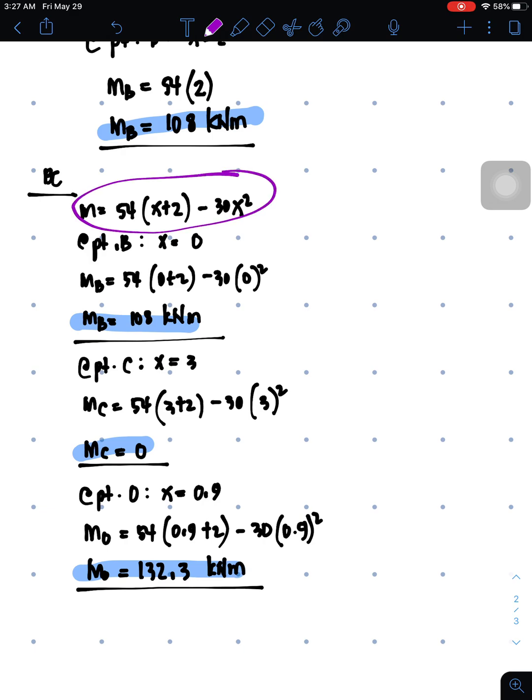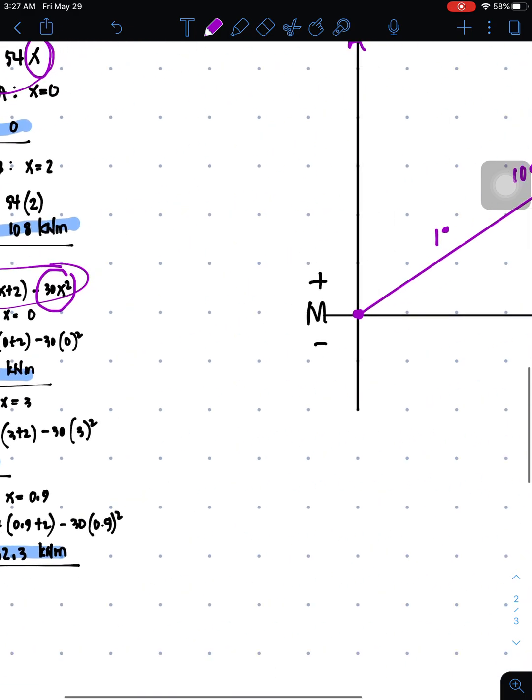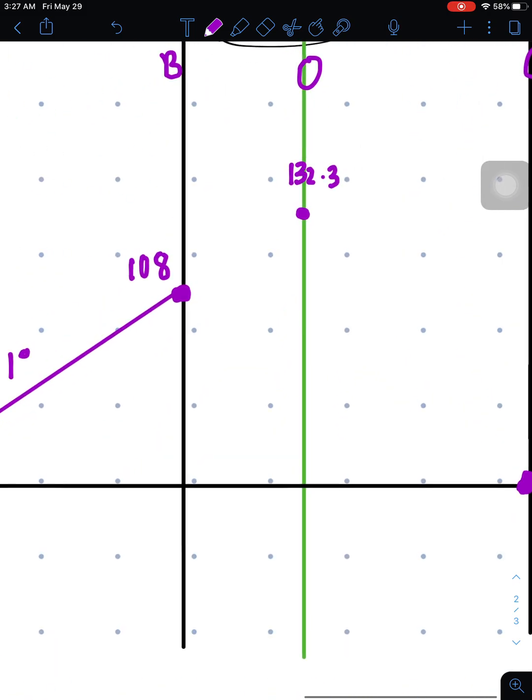So in this expression, ang pinaka highest or ang highest nga form sa ato ang exponent is square. So it's quadratic, meaning it's a curve. So we're going to plot it as if we're plotting a curve. And this is second degree.